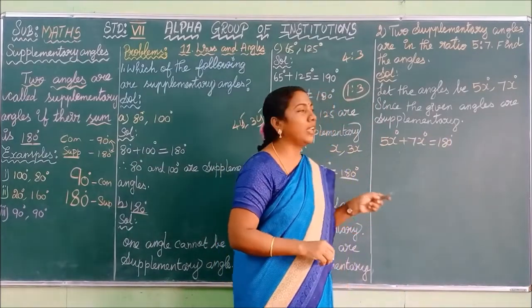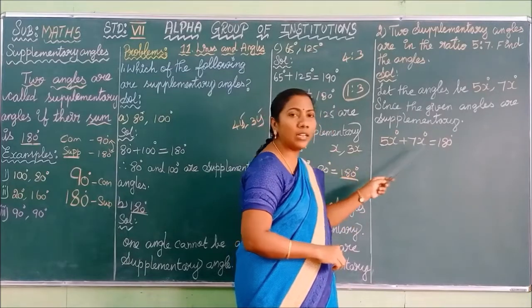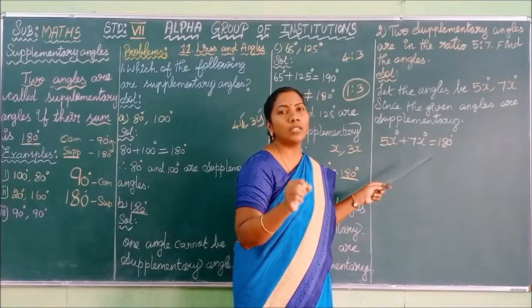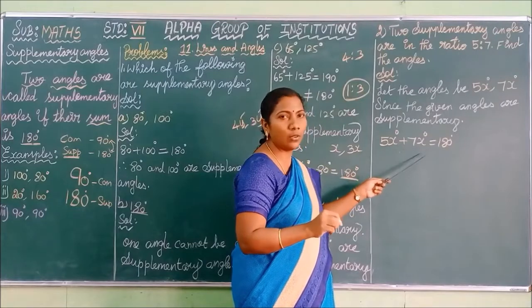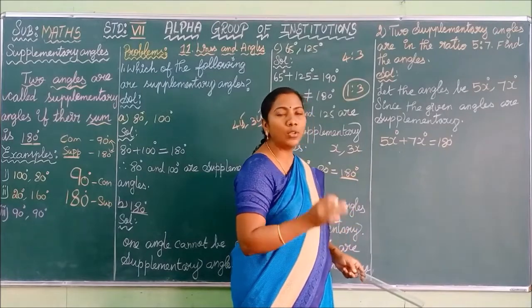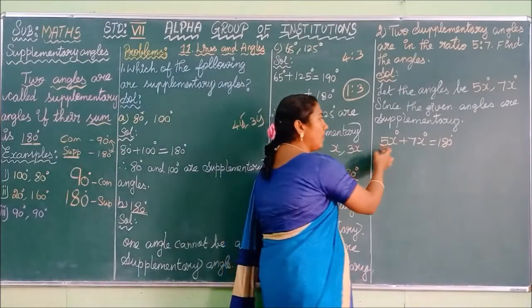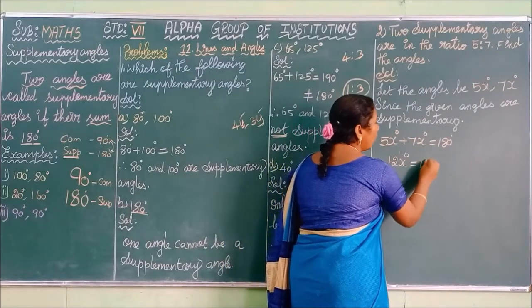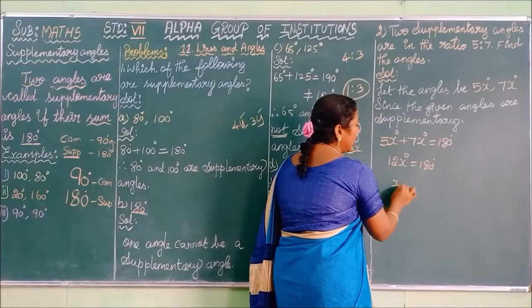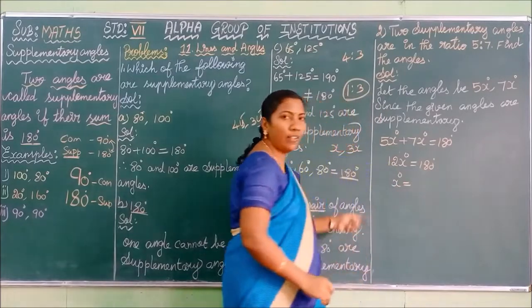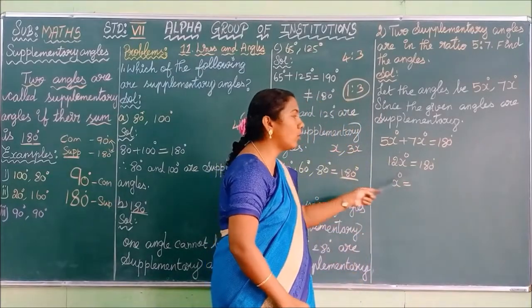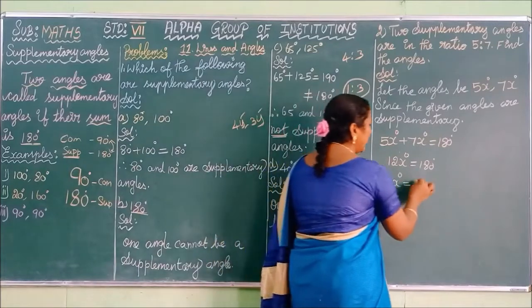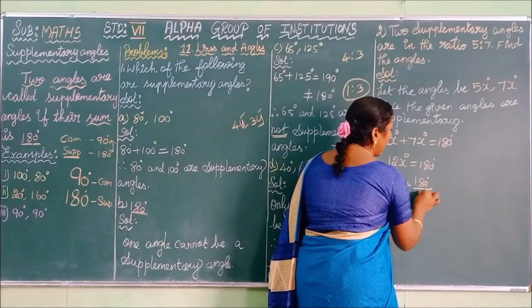We have to find the two values 5x and 7x. For that, first we have to find the value of x. These two are like terms, so we can add them. So 5x plus 7x, what is your answer? 12x equal to 180 degree. In order to find the value of x, we have to bring this 12 to the right hand side. So x degree equal to 180 by 12.